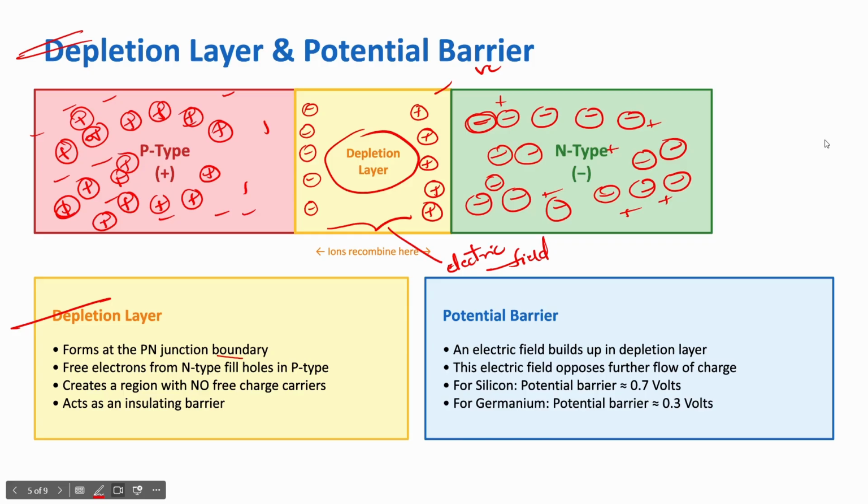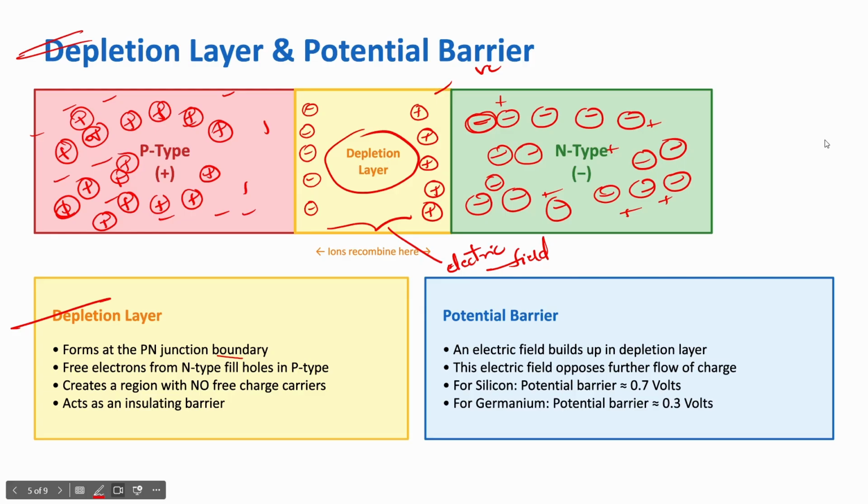Now, for getting the PN junction diode, we combine the p-type material and n-type material. When you combine them, there will be a junction between the p-type and n-type. At that junction, the depletion layer is going to be formed.